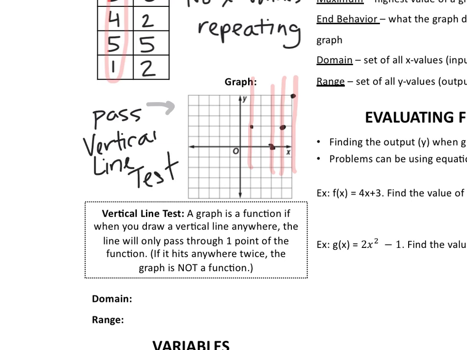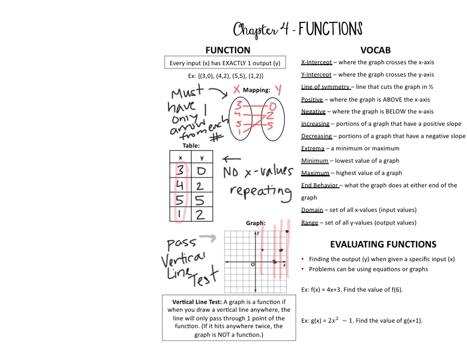So this is how you can know when you're looking at a function. If you're given points, you can choose any one of these: a mapping, a table, or a graph. Or if you're given any one of those, you are now able to tell what makes a function.